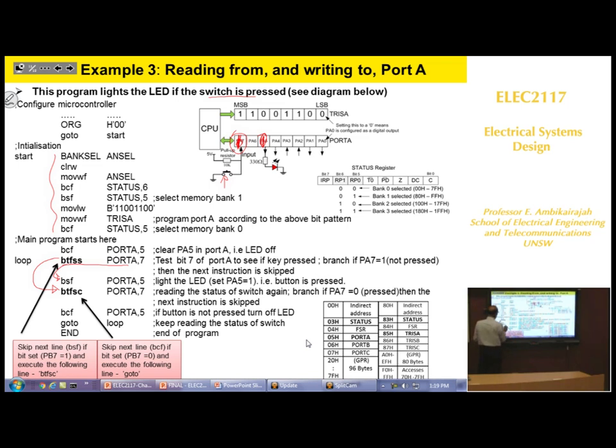And then you test it again, and clear 7, you just say, reading the status of the switch again, branch, if it's pressed, you branch here, and set 5 to clear it, and then you go back to loop.